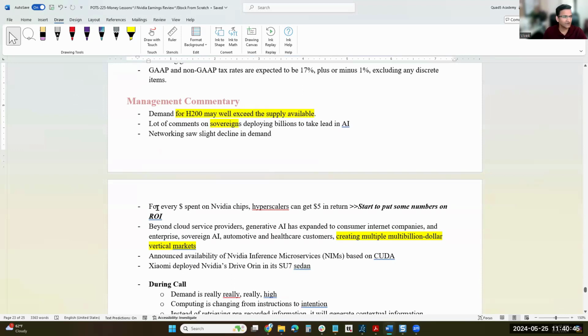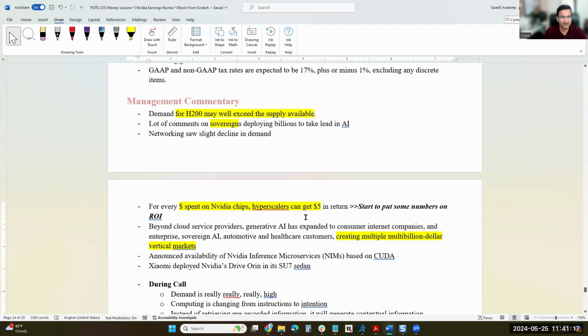One good thing that we found during the call was they were able to at least put some numbers on ROI. I think it was Jensen Huang who said every dollar that these hyperscalers, meaning AWS, Azure, Google Cloud, every dollar that these hyperscalers are spending on Nvidia chips, they can actually get $5 in return in 4 years by renting out as a part of their cloud offering.